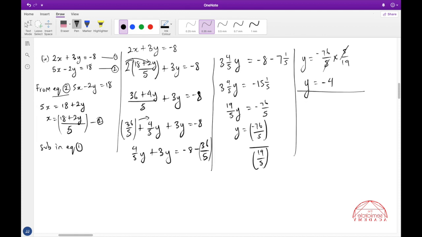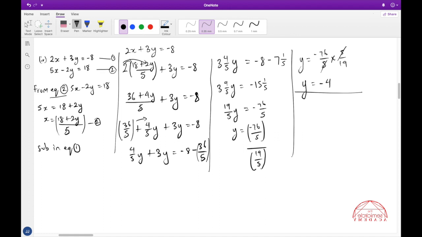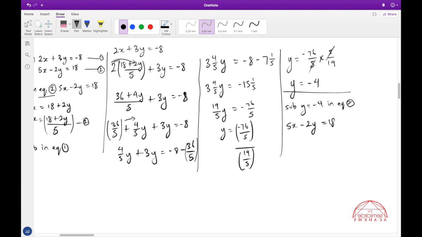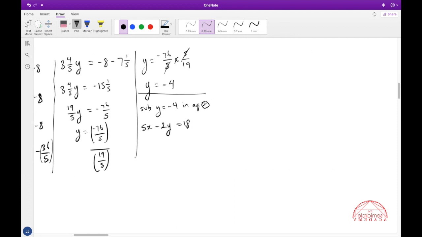So let's sub it in equation 2. So sub y is equal to negative 4 in equation 2, which is 5x minus 2y is equal to 18. So 5x minus 2 into negative 4 is equal to 18.